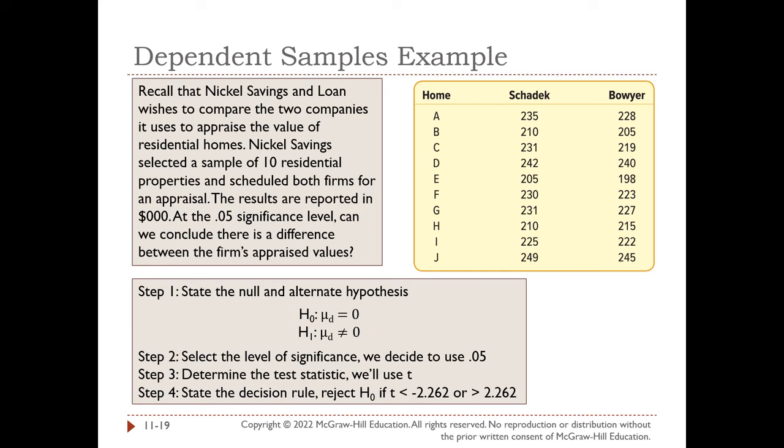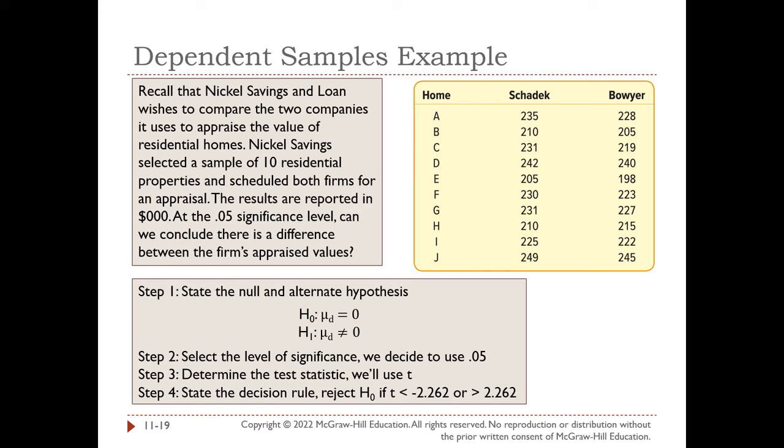Okay, the results of the appraisals in thousands are as follows with Sadik and Boyer. And we're going to use a 0.05 significance level. We're going to conclude whether there is a difference between the firms' appraisal values. So again, a two-tail. We're doing a lot of two-tails when we have the t-test.